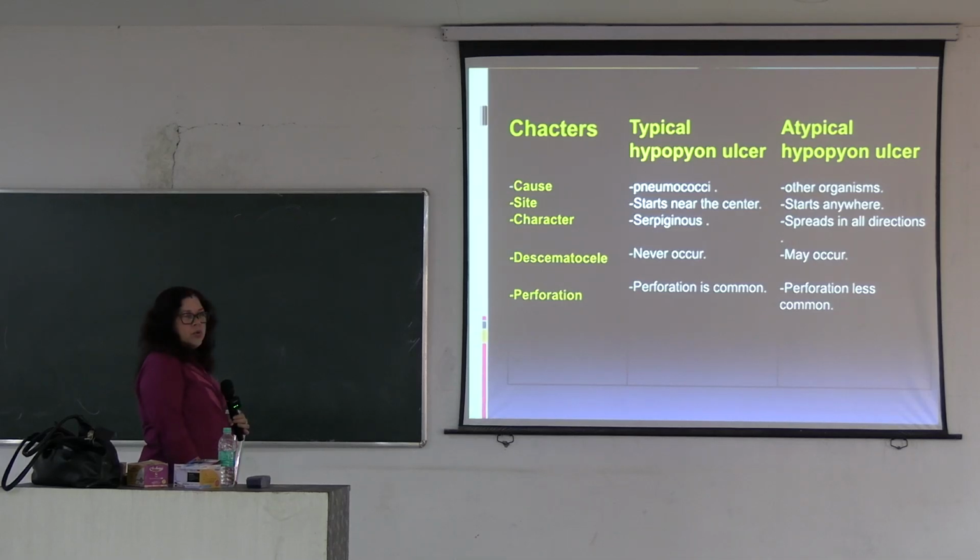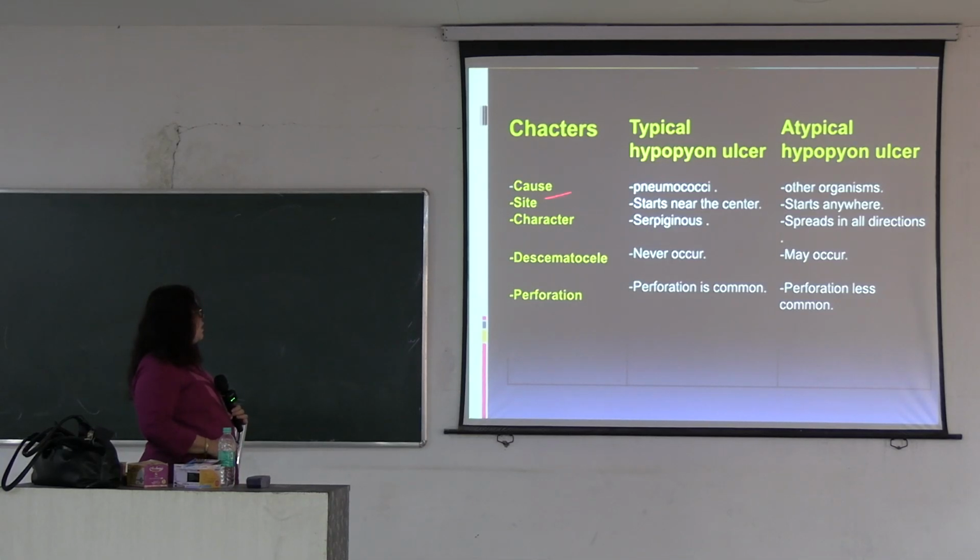Then, how to differentiate the typical hypopyon corneal ulcer and atypical hypopyon corneal ulcer. Typical hypopyon corneal ulcer is caused by pneumococci, and atypical hypopyon corneal ulcer is caused by other organisms, that is bacteria, fungi and protozoa.